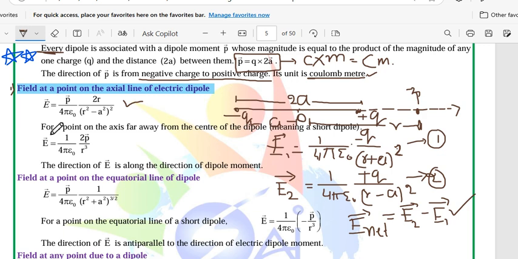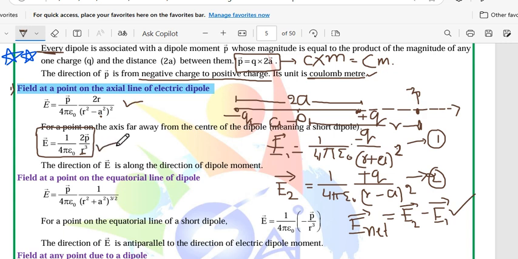Next, for a point on the axis far away from the center of the dipole, meaning a short dipole, E becomes 1 divided by 4 pi epsilon naught into 2p divided by r cube, because we have neglected a here and only considered r.